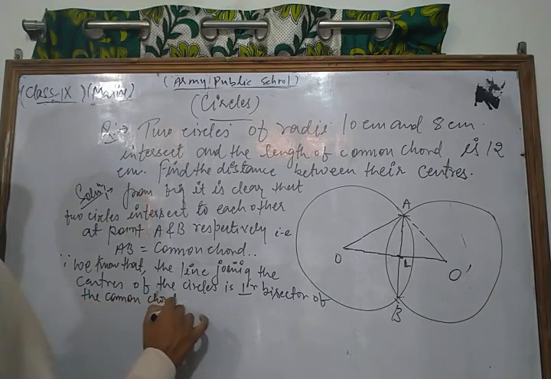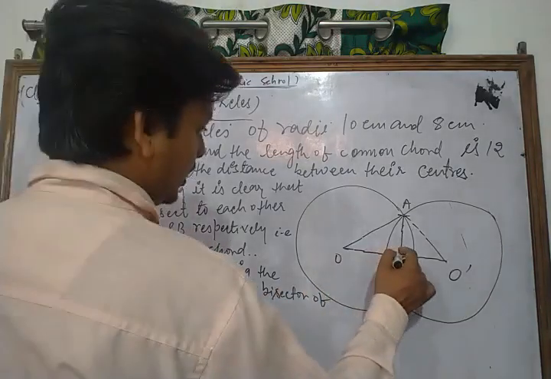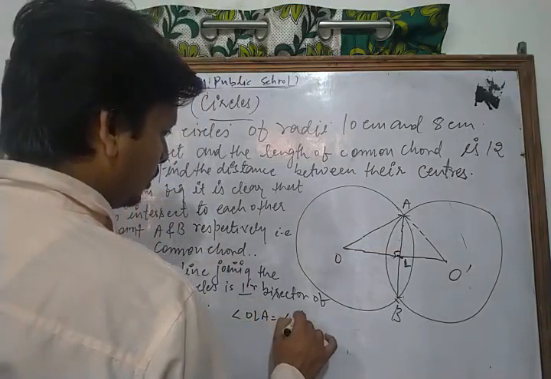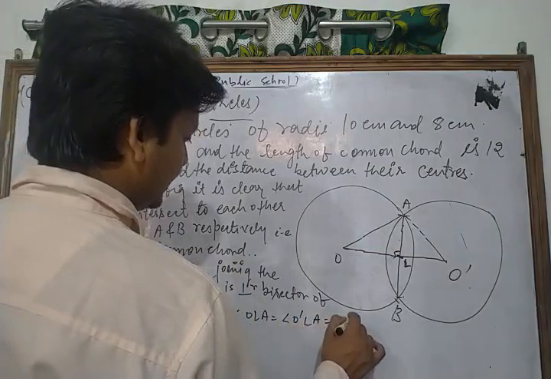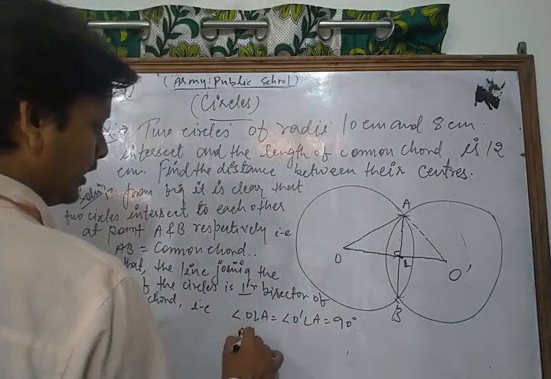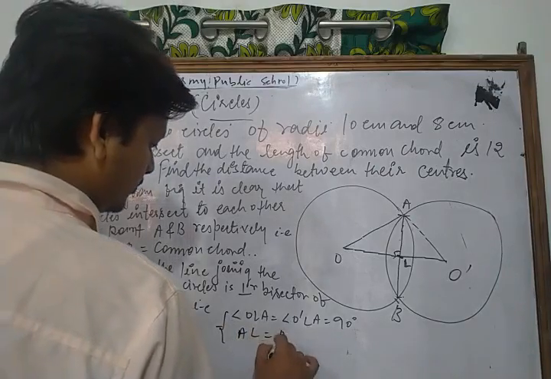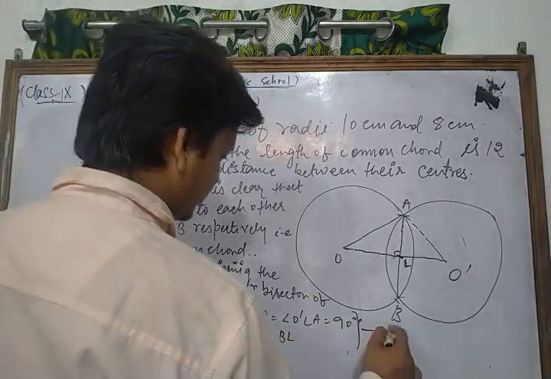That is, angle OLA is equal to angle O dash LA is equal to 90 degrees, as well as AL is equal to BL. Take this as equation number 1.